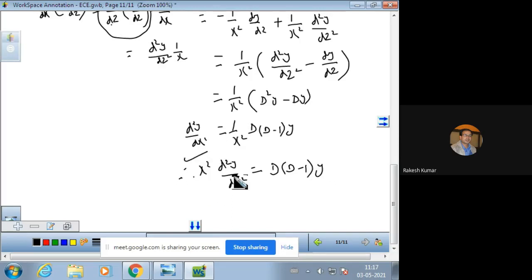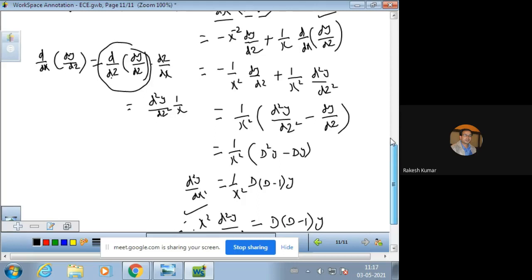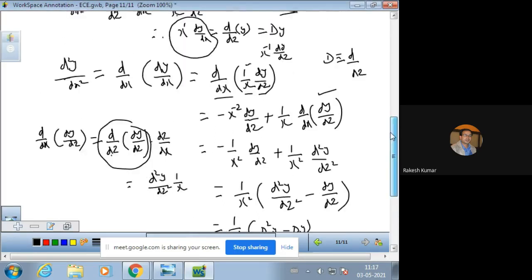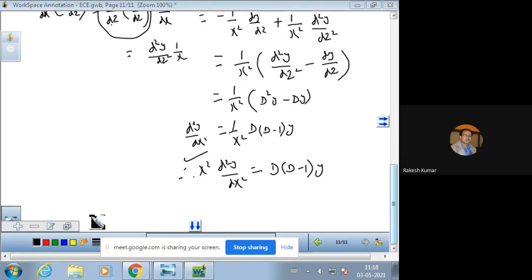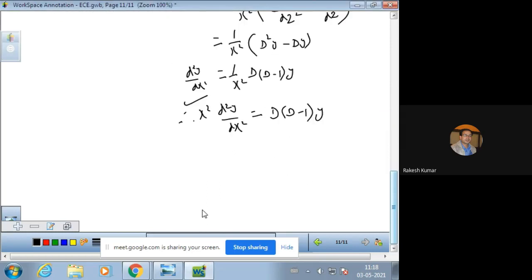So this is the second order derivative term that you have got. These are the standard terms actually, and this is your first order derivative term, x dy/dx equals Dy. We all require these. We require all of these values in solving the differential equation. This is the second order derivative term.